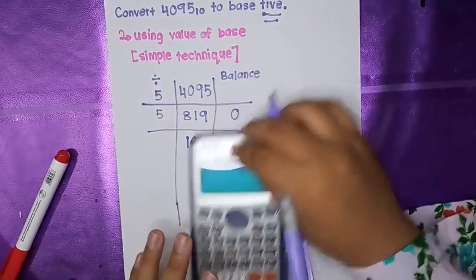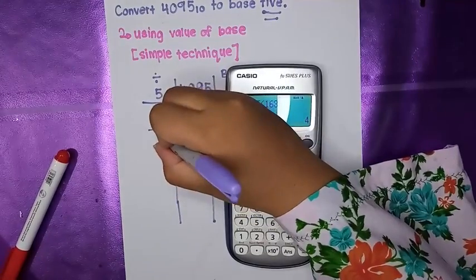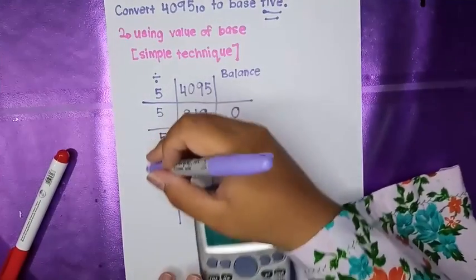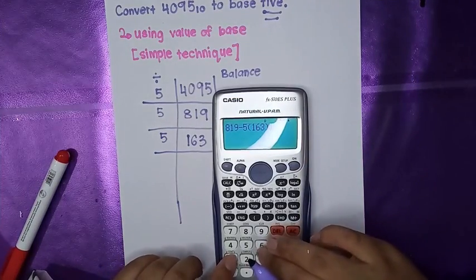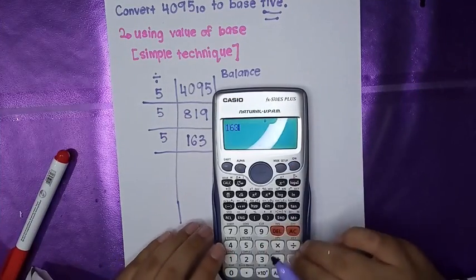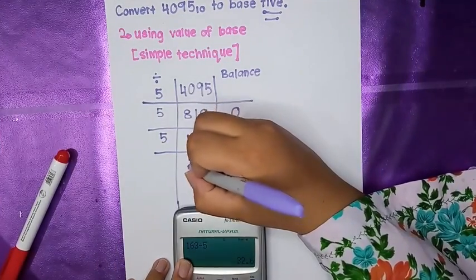We're gonna divide until this becomes 0. Okay, divide again by 5. 163 divided by 5, we get 32.6.